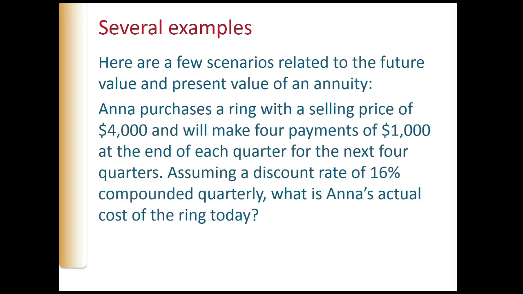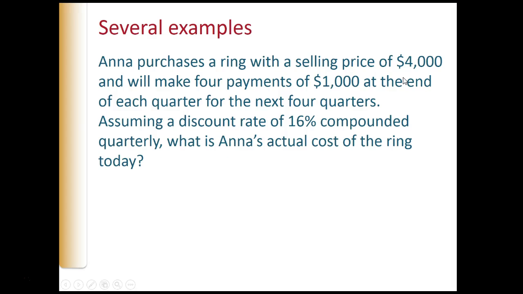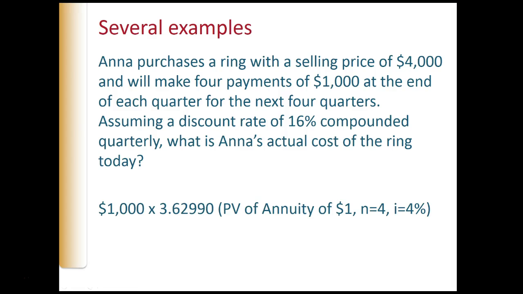Next, Anna purchases a ring with the selling price of $4,000 and will make 4 payments of $1,000 at the end of each quarter for the next 4 quarters. Now, assuming a discount rate of 16% compounded quarterly, what is Anna really paying for the ring? The cost today.